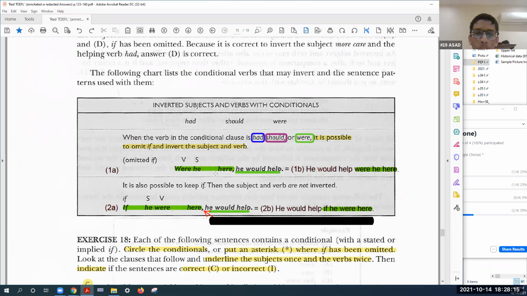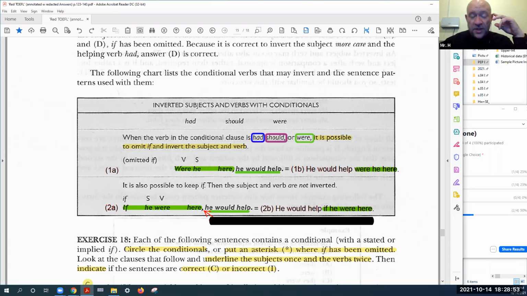Why do we put "were he here"? I know we switch it, but we usually use were with the plural. Very good question. This is something you will learn in 04, but I'll tell you right now. This is the rule we use in formal English for the second conditional.